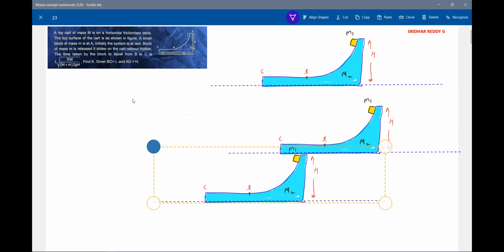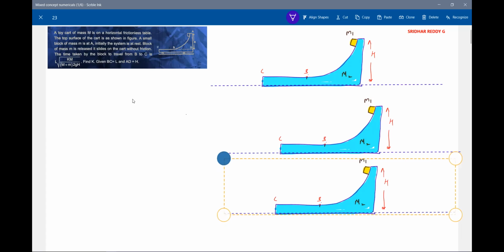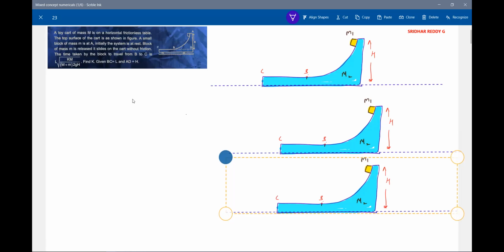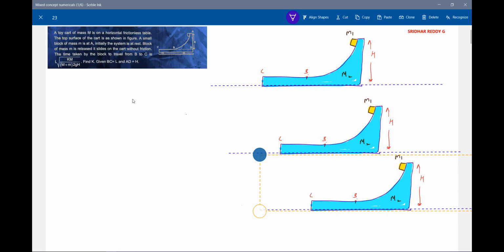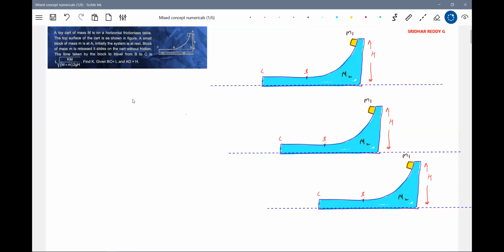Then again, as the block M1 starts moving, what is the state of the wedge? The wedge will be moving. I'll give all the suitable explanations. So the block now has appeared at this position.